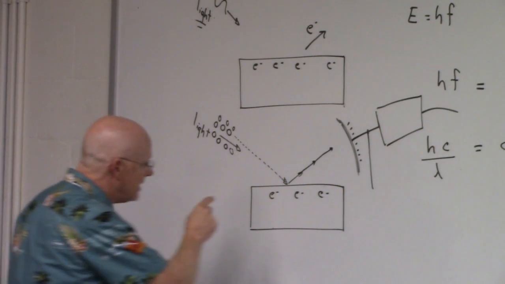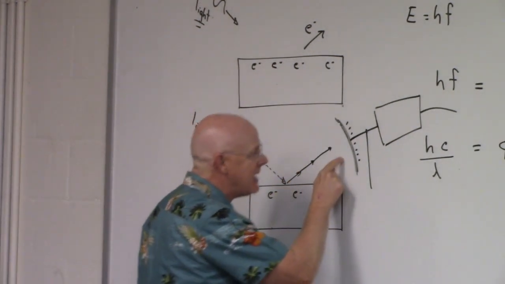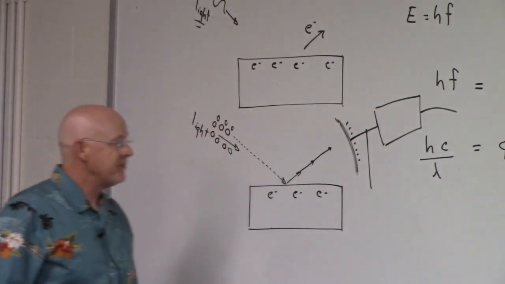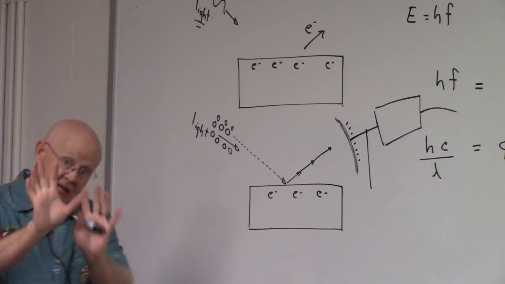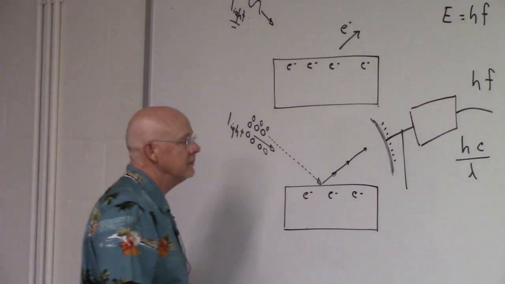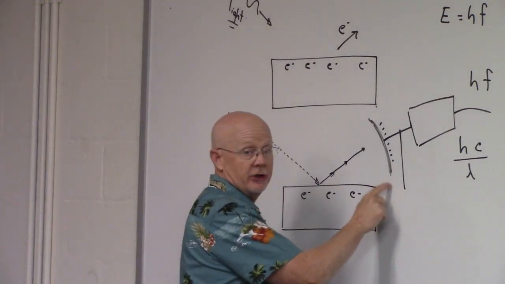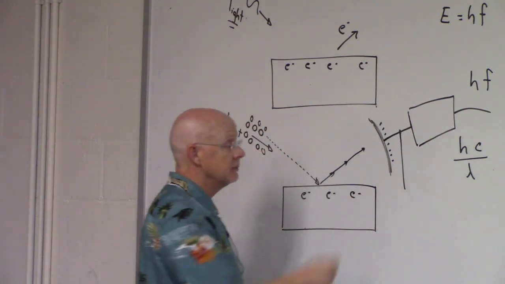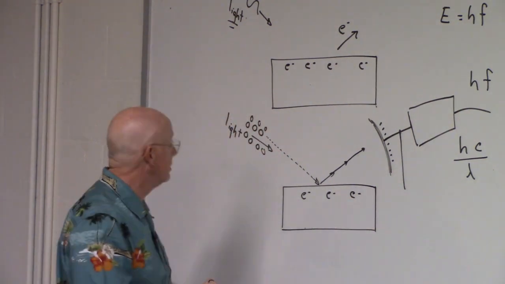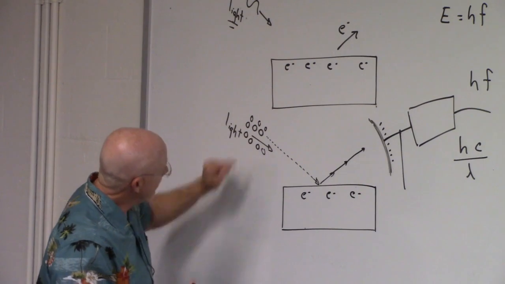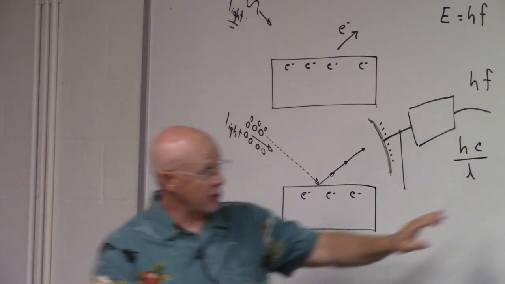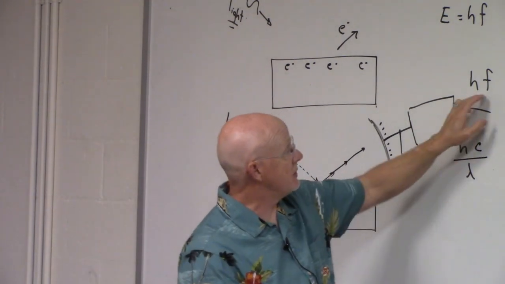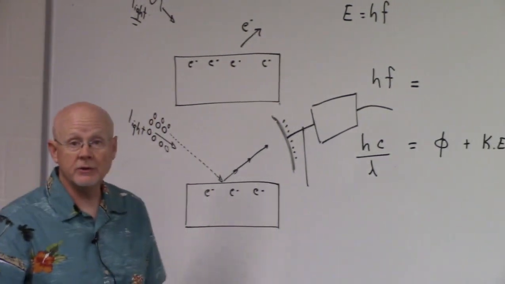So do these electrons actually make it here? And the answer would be yes, if I didn't have much voltage here in combination with how much kinetic energy they get, which is related to the frequency of those photons.